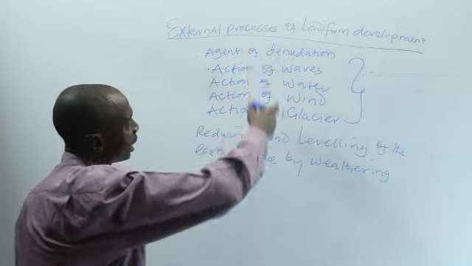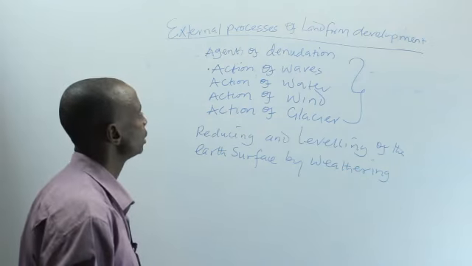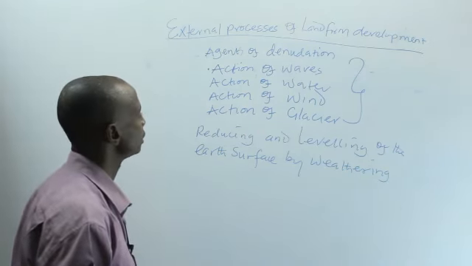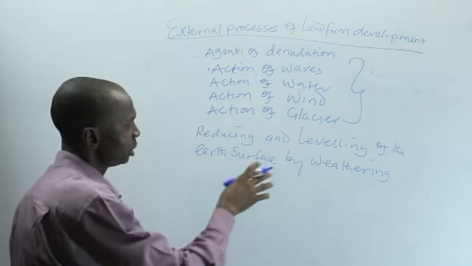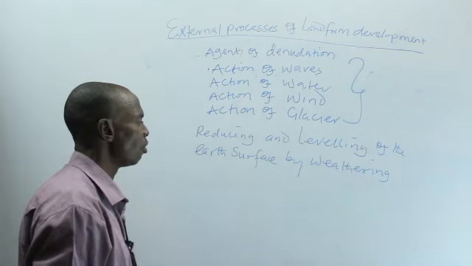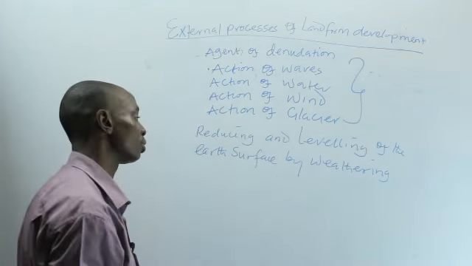And these actions of waves, water, wind, and glacier, they constitute the agents of weathering, that is reducing and leveling the earth's surface.